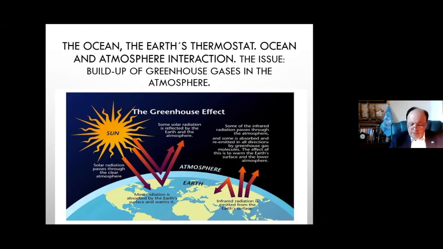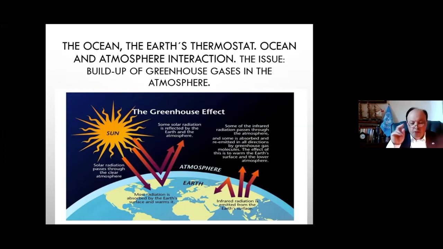So heat in the atmosphere, some of this heat then is absorbed by the oceans. The ocean has huge thermal capacity. Let's just think about that, huge thermal capacity in the oceans, helping us to retain, on the one hand, some of this heat coming from the sun, but also to absorb.